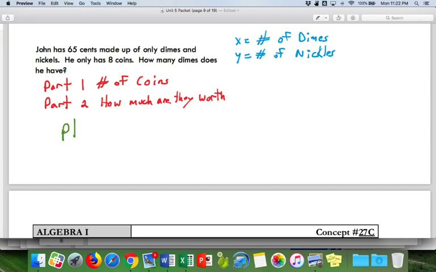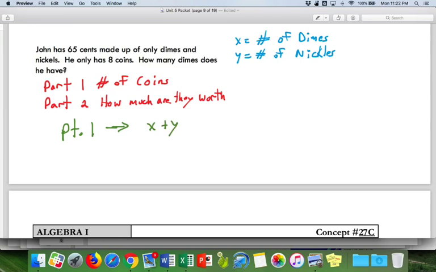The reason I use X and Y is that in all the other examples we've done in this section, we've used X and Y. Other times we could use D for number of dimes and N for number of nickels if you wanted to. That way your variables make sense to your problem. But if you use X and Y, please label what your variables are.